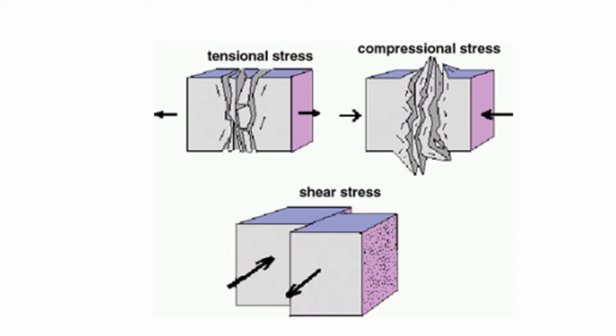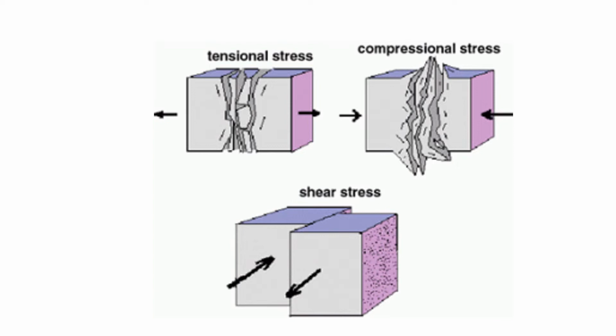When applied stress is greater than the internal strength of, let's say, a rock, strain results in the form of deformation of the rock caused by stress. Strain in rocks can be represented as a change in rock volume and or rock shape, as well as fracturing the rock. There are three types of stress: tensional, compressional, and shear.